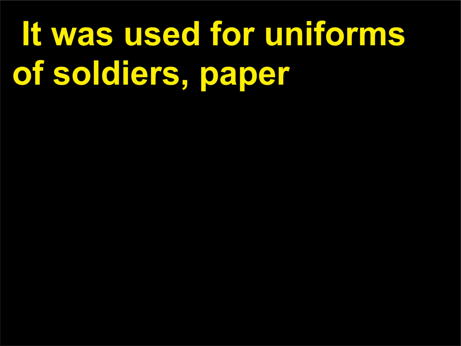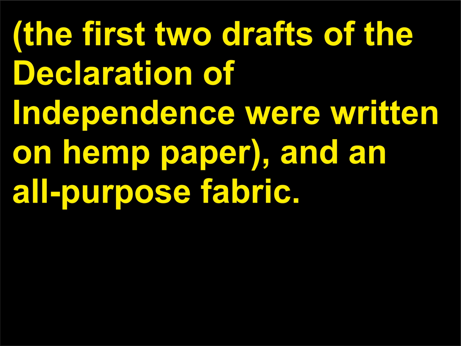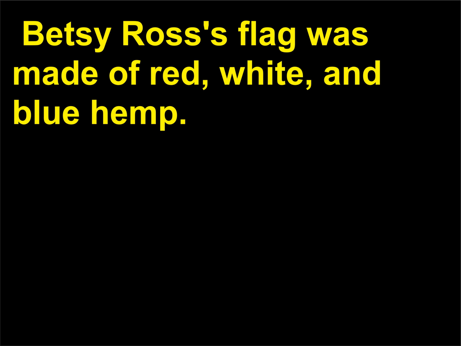The fabric looks and feels like linen. It was used for uniforms of soldiers, paper, and an all-purpose fabric. The first two drafts of the Declaration of Independence were written on hemp paper. Betsy Ross's flag was made of red, white, and blue hemp.